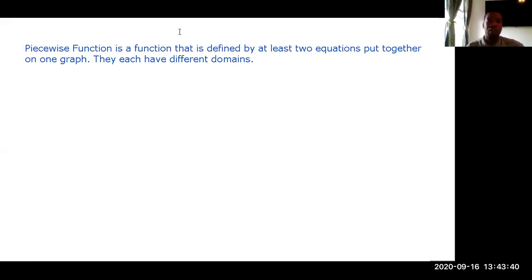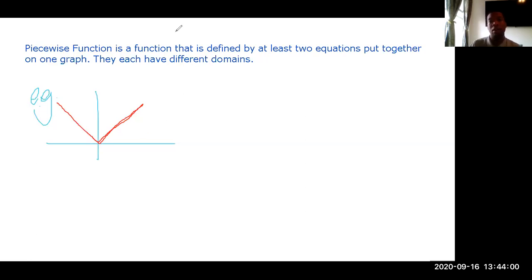Some examples of a piecewise graph is if we have a graph with two different lines, and it makes a piecewise graph.